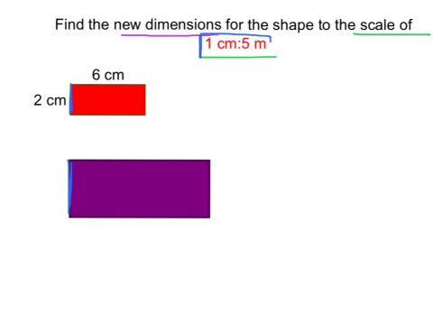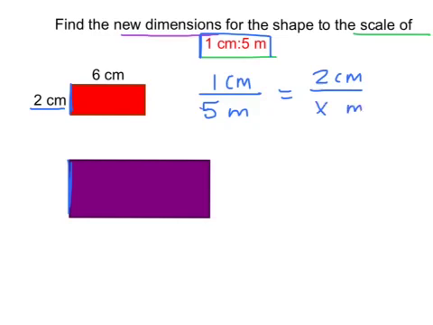They tell us that 1 centimeter is 5 meters. We're going to set that equal to our 2 centimeters, and we're going to figure out how many meters it is so we can label the short side of our purple rectangle.